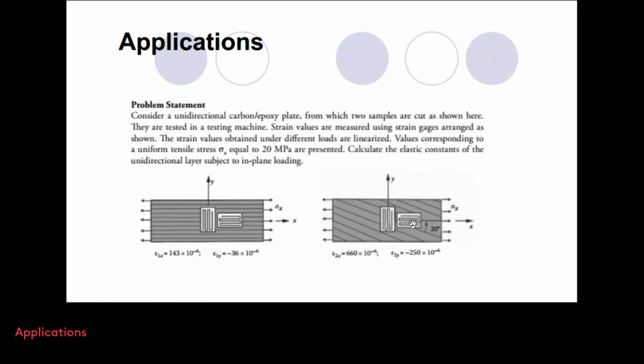In this case, the strain gauges measured values of the strain are 660 10 to the power minus 6 in the x direction and minus 250 10 to the power minus 6 in the y direction. Okay, so let me remind you the relations with the stress and strain for an anisotropic or orthotropic plate.